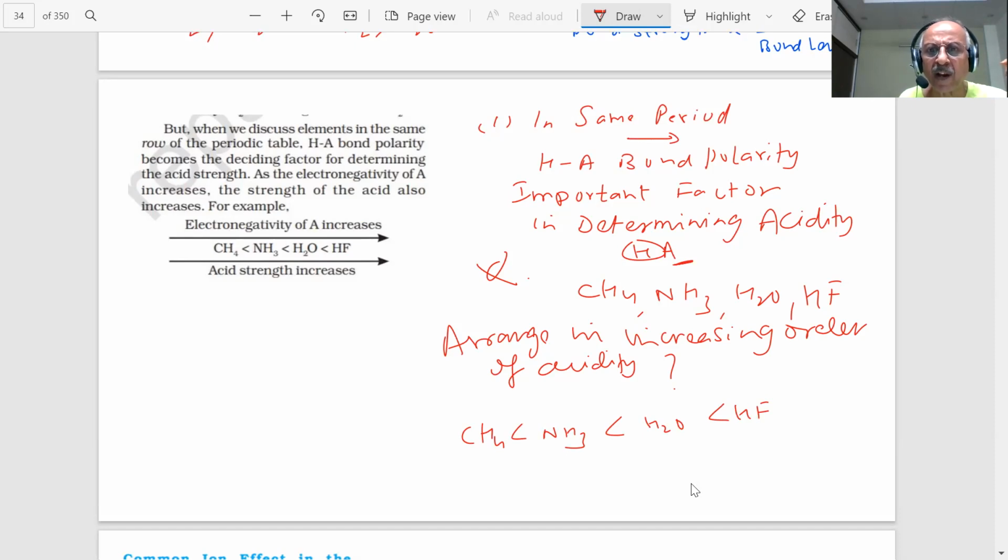So with increase in electronegativity, these are in the same period: carbon, nitrogen, oxygen, fluorine.